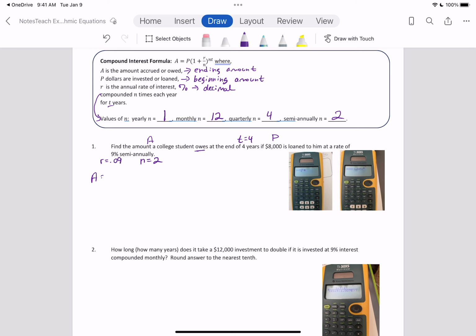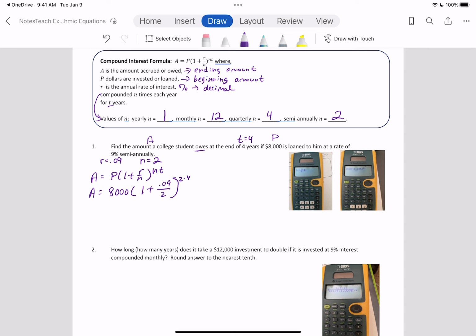Okay? So we're going to plug this stuff in. I'm looking for A. P is 8,000. 1 plus the R, which is 0.09. N is 2. It's also 2 here, times T, which is 4.